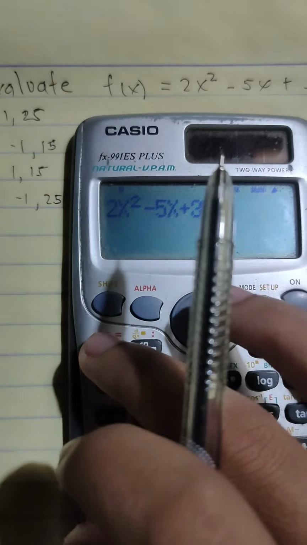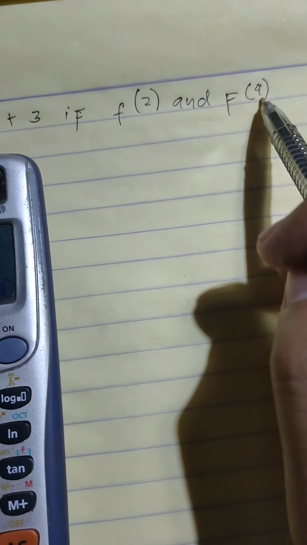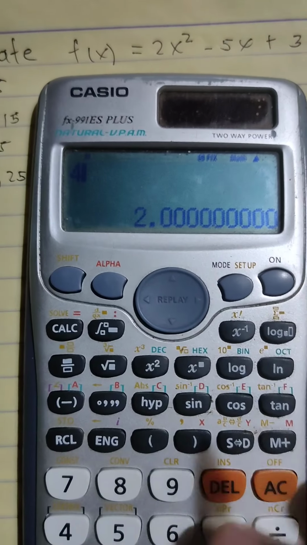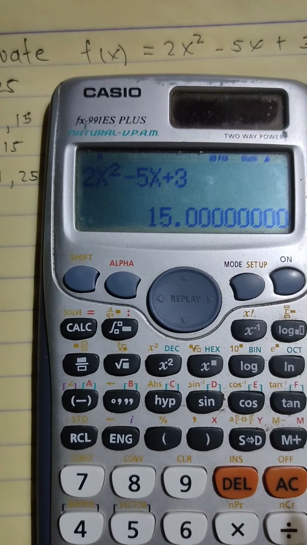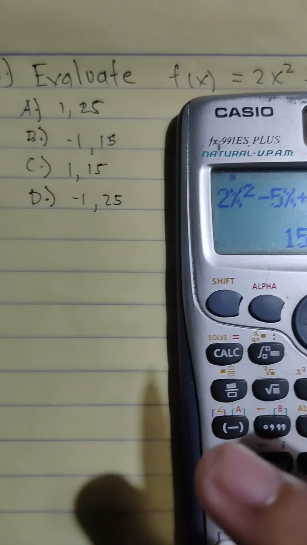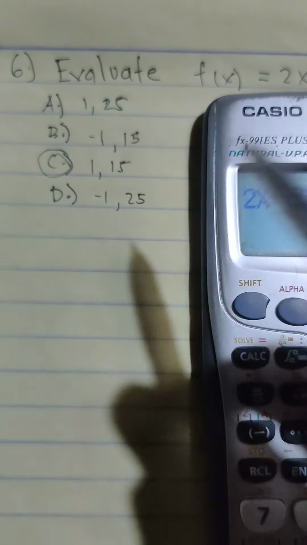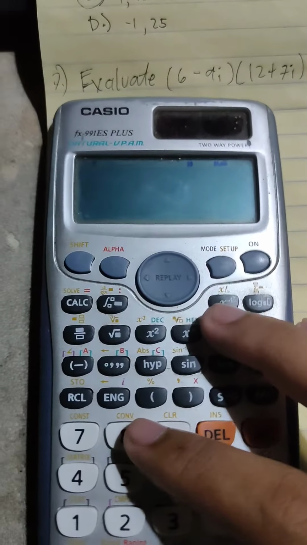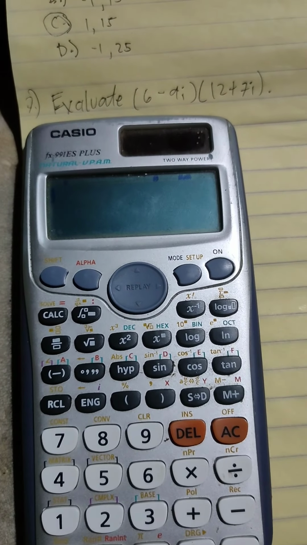So CALC. So we'll try the value of 4. So the second value is 15. So in the choices, it is letter C, 1 and 15.